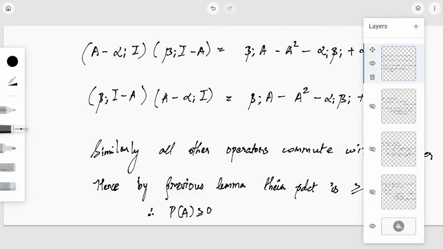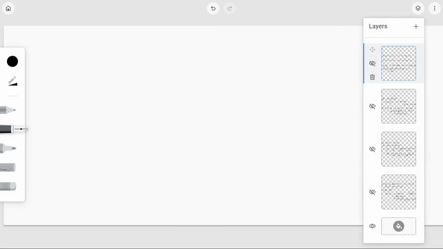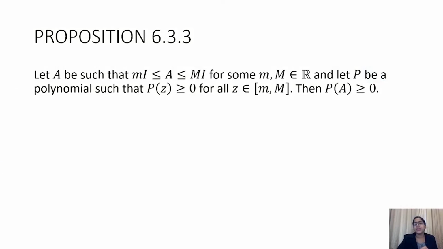We have seen that first of all we express the given polynomial in the general form, keeping the roots and everything together, and we use the fact that m is less than or equal to capital M, and from that we get two non-negative operators, that is a minus small mi is greater than or equal to 0, and capital Mi minus A is greater than or equal to 0.